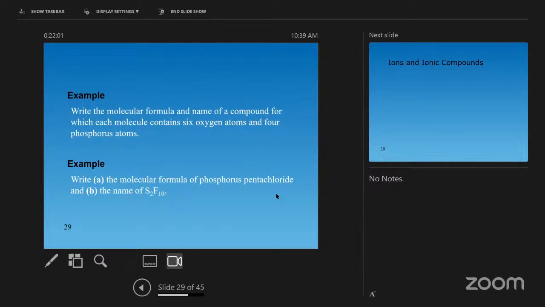Based on what we have just covered, I want you guys, when you get home, to do these, and when you come back on Thursday, we'll see what you have done with this. Last page, question number 18. These are all binary molecular compounds. So I want you to do those. If you have any questions, please feel free to contact me concerning that, and I'm more than willing to help.